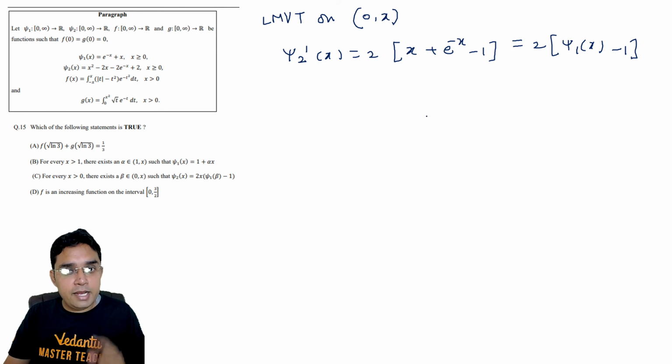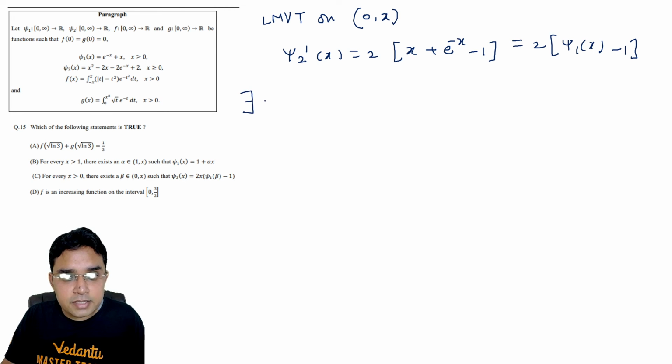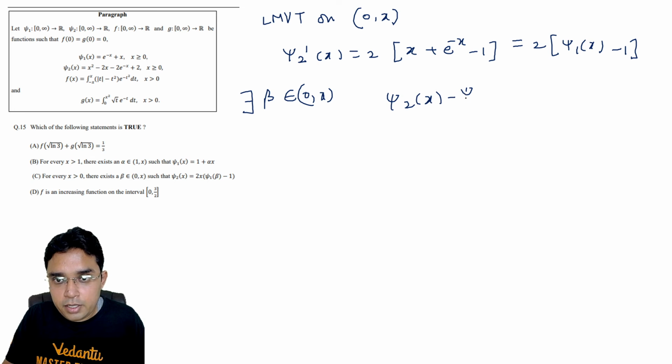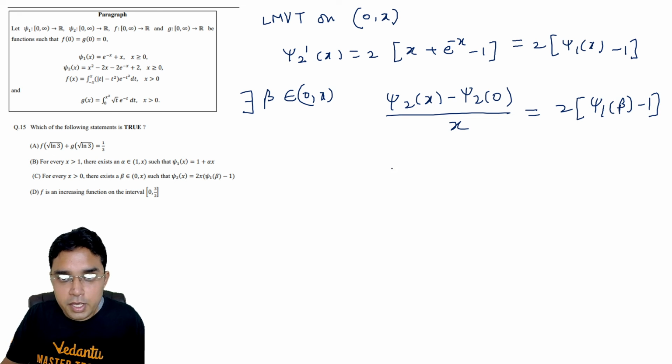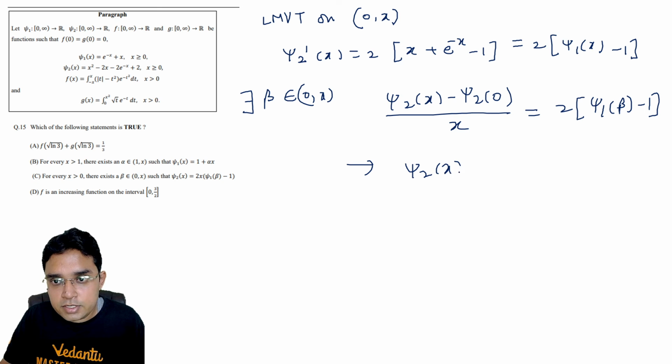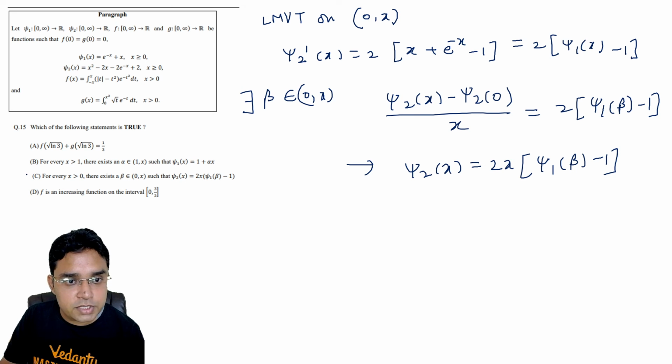So if we apply LMVT, there exists some beta between 0 and x for which (psi2 of x minus psi2 of 0) upon x will be equal to 2 times (psi1 of beta minus 1). Because psi2 of 0 is equal to 0, we can check it here. So we can now write psi2 of x is equal to 2x into (psi1 of beta minus 1). So this option C seems to be correct.